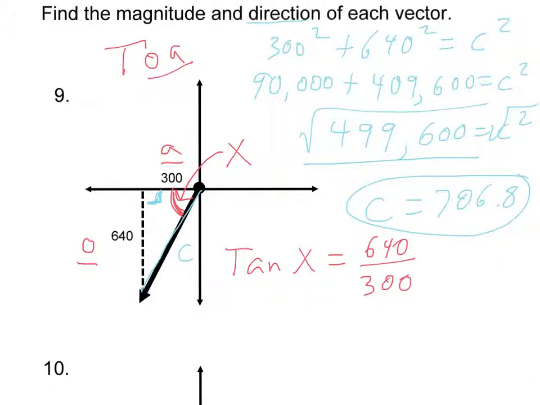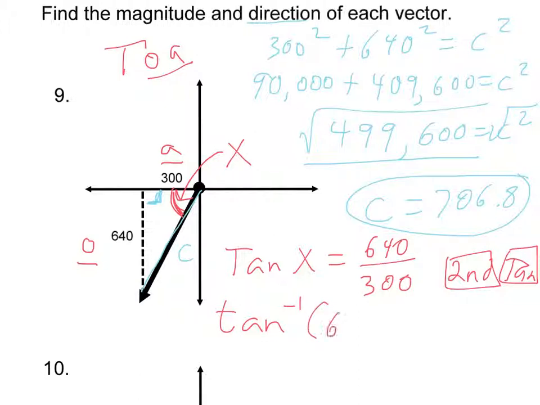And remember, when we're trying to find the missing angle, that's where we hit second tangent. And our calculators should look like this. It's the inverse. And then we put 640 divided by 300. Hit enter and it will give you an angle measure. Let me double check that on my calculator since my notes are not here.